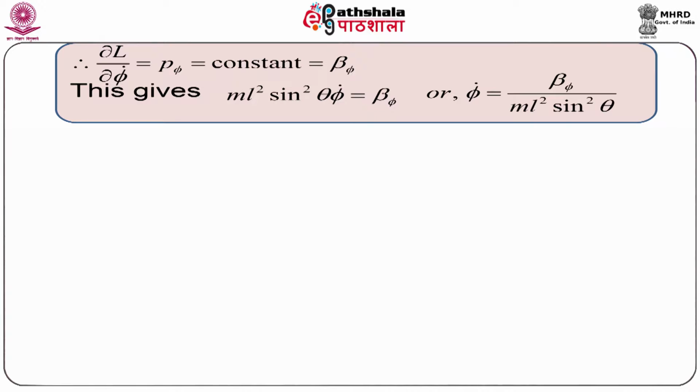If we take the constant as beta phi, then we have P phi equal to beta phi. This gives m L square sin square theta phi dot equal to beta phi, or phi dot equal to beta phi divided by m L square sin square theta.